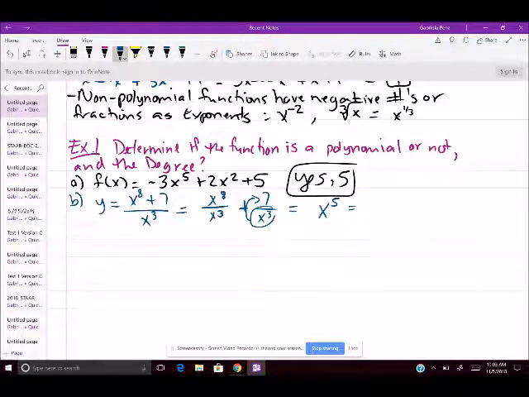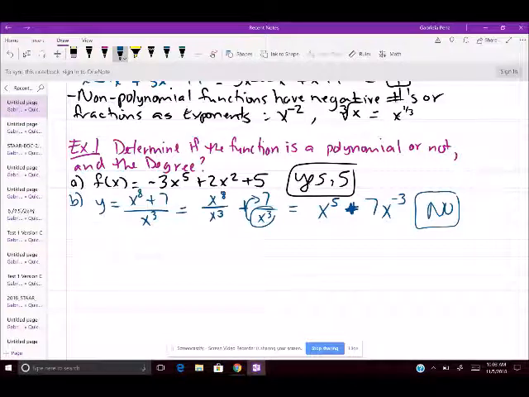Very good. So this becomes plus 7x to the negative 3. So when I look at that problem, is that a polynomial? No. So the answer is just going to be no, and you're done. When the answer is no, it's just not a polynomial, and you don't have to figure out the degree or anything.